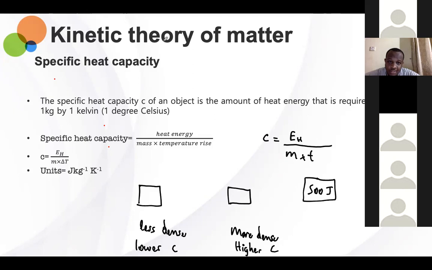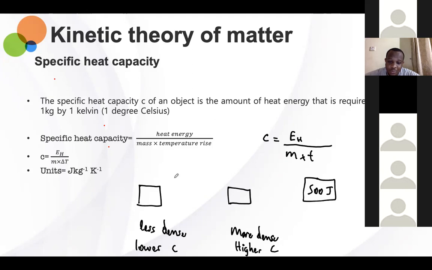All right, so more dense. All right. Honors. Okay.